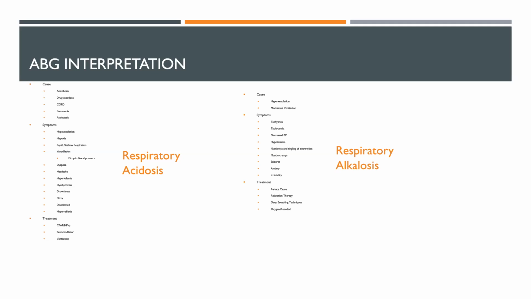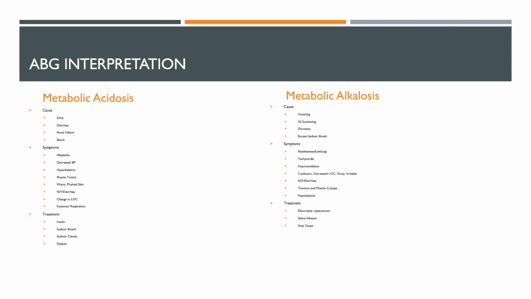Treatment for respiratory alkalosis is to provide oxygen if needed to reduce the cause. So if a patient is having a panic attack and they're hyperventilating from that, we can help with deep breathing techniques or relaxation therapy.